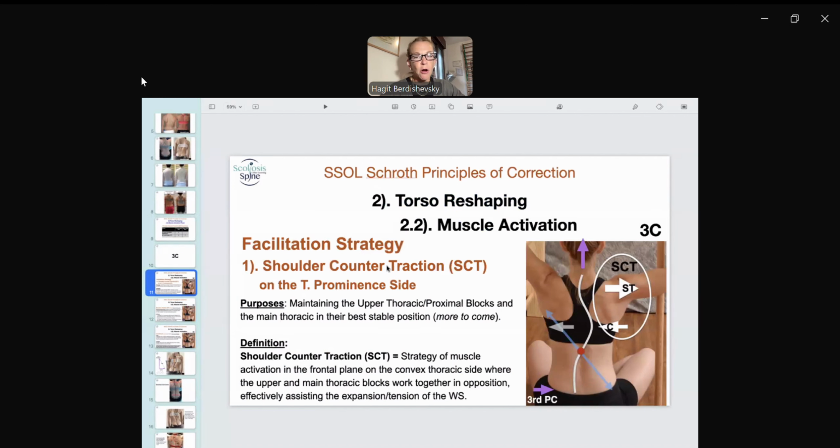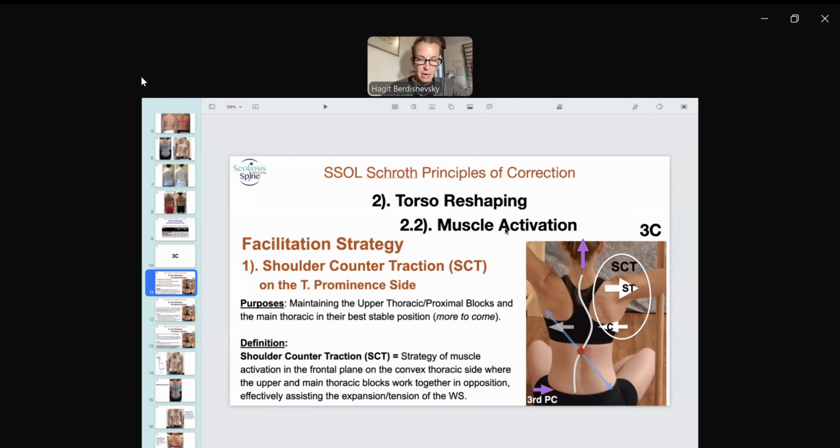Okay, so we said that the shoulder counter traction comes during the torso reshaping phase, which is the phase where there is no movement inside the trunk. We finished after the 3D postural correction. Now we are doing reshaping of the torso with expansion and muscle activation.